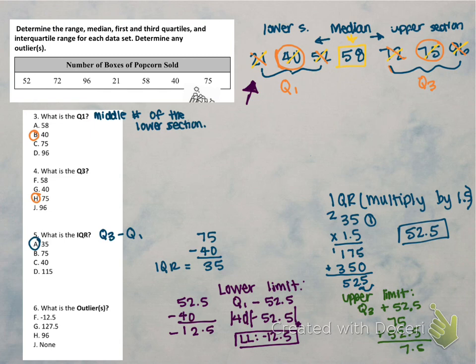And then 5 plus 7 is 12. And so our upper limit is 127.5. So we're going to look here at our greatest values and say, is there a number that's greater than 127.5? And the answer is no. Therefore, there are no outliers on this problem.